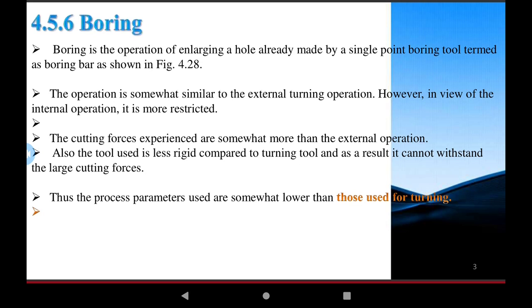Standard parameters and applications are used in this operation, and the turning tools perform the turning operation.